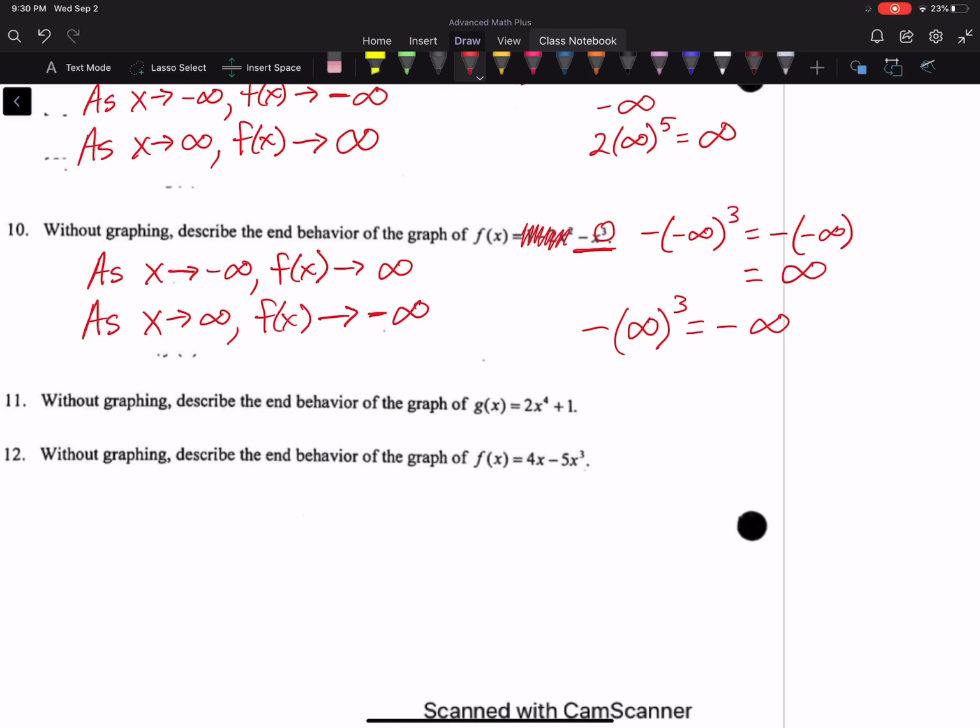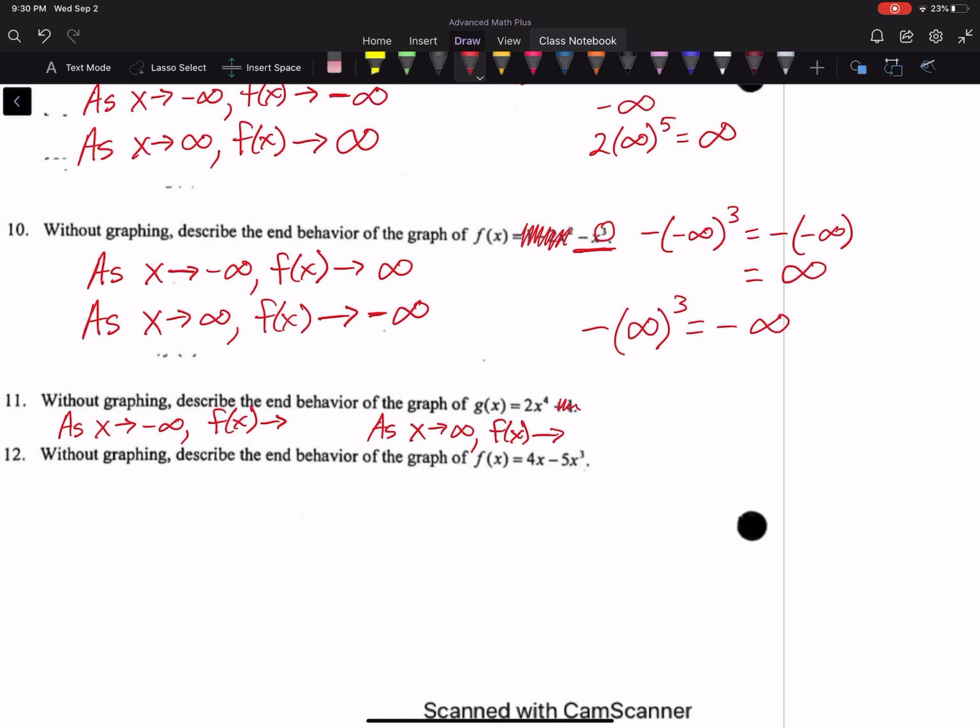Again, look for the highest exponent. That's 2x to the 4th. Don't worry about the plus 1. And again, we're starting off as x approaches negative infinity, f of x will approach something, and as x approaches positive infinity, f of x will approach something.